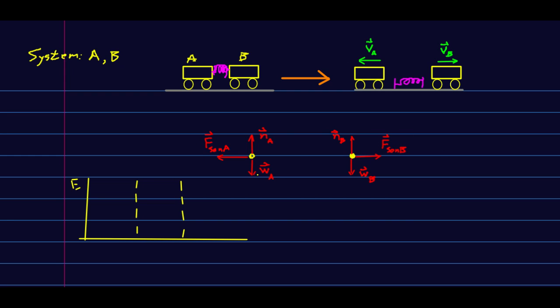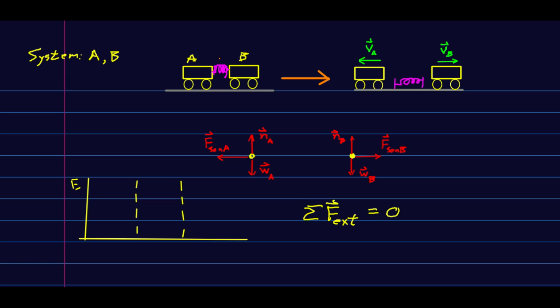I mean, there's the normal and the weight, but we know those cancel and add up to zero, so who cares? So all we've got is these spring forces. So the sum of our external forces now is zero. This system is strictly isolated.